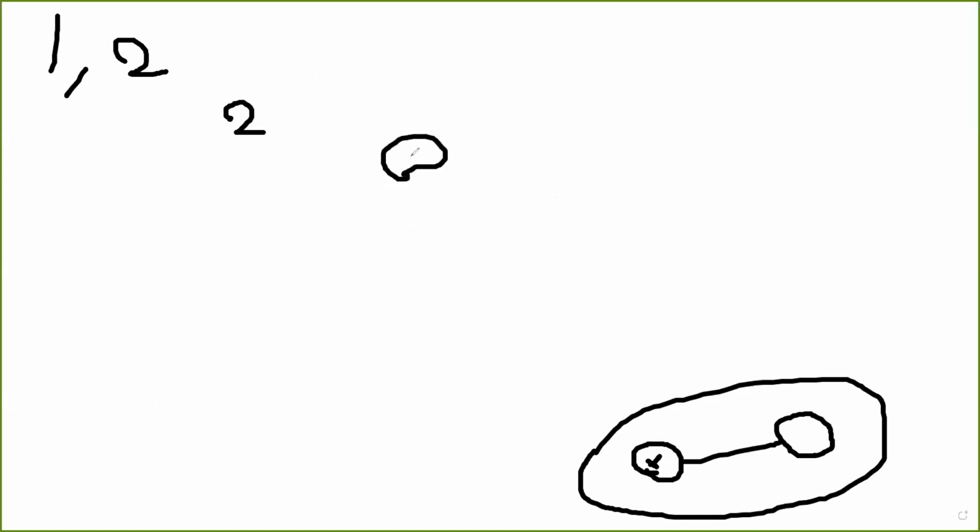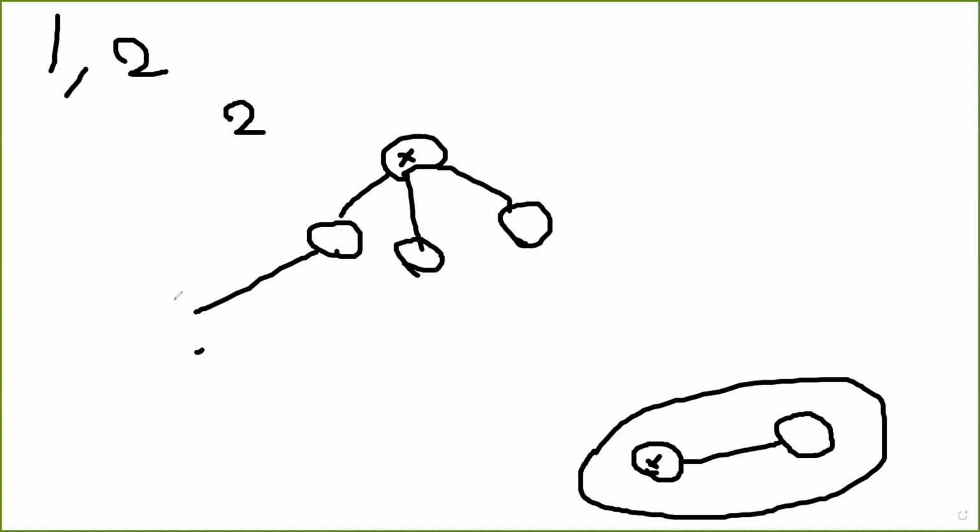If you have something like 5 nodes, anything like this, okay, then player 1 will start, remove any node, it won't matter. Let's say this one, okay, then player 2 will remove any node, but he cannot remove this, okay, because if player 2 removes this, then player 1 will win.